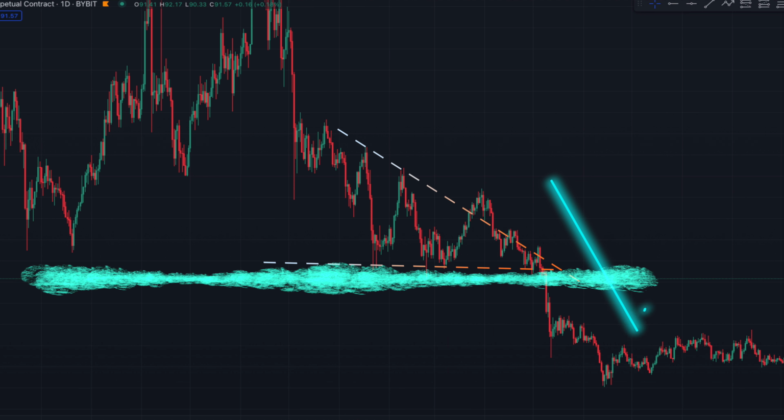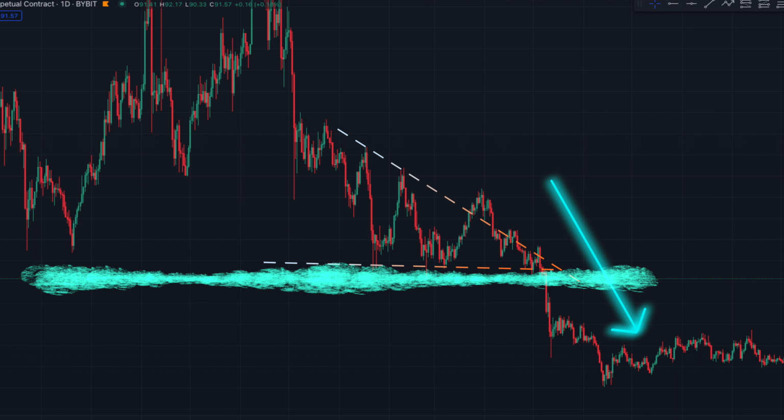We have one major support, but we make a lower high. That is a bearish sign for us, because the market couldn't make a higher high, and it shows us the sellers are waiting to sell the asset before it reaches the last swing high. That is bearish for us.